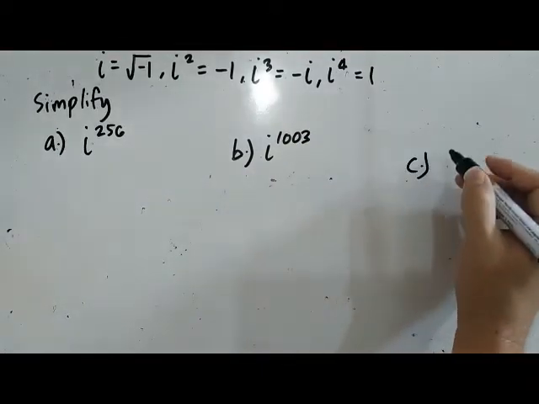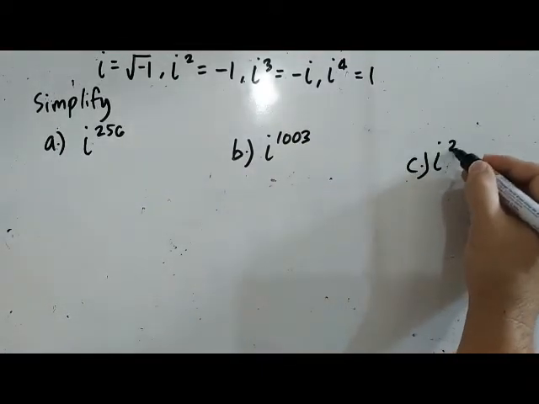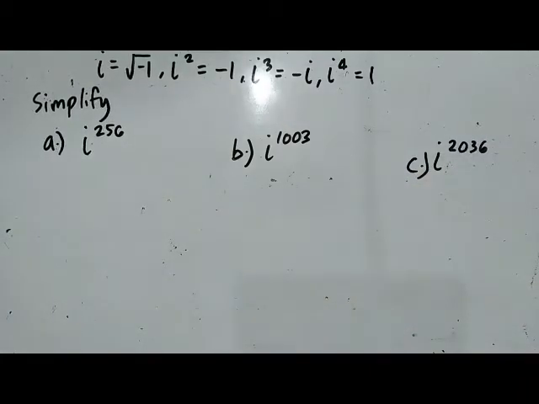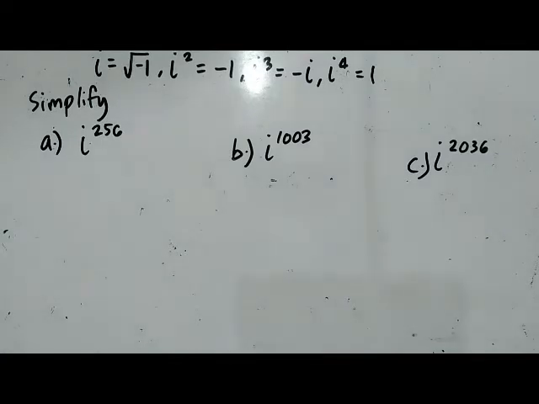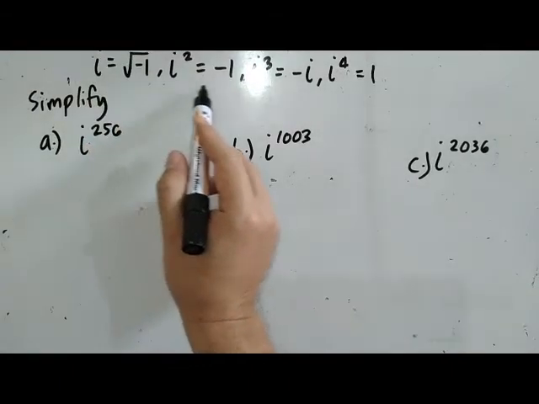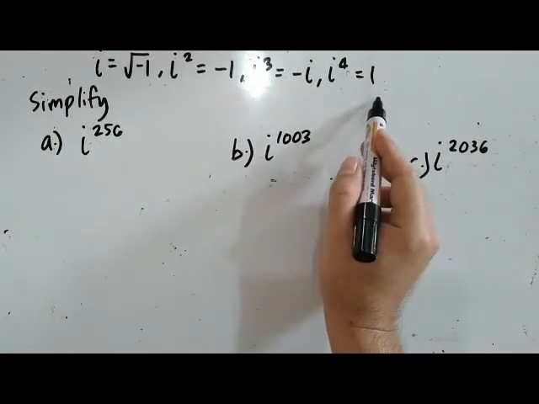Letter C. I to the power of 2036. So, isolve ta ni ang ini nga mga imaginary numbers nga may mga dagko nga exponents. So, as I've said, amo ni siya ang pwede naton gamiton sa pag-simplify.